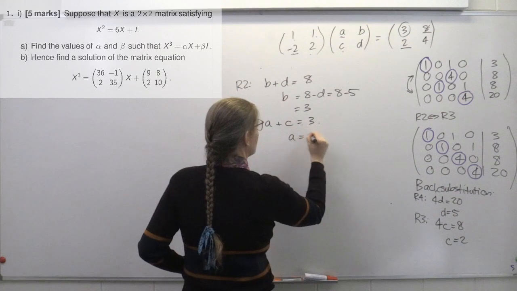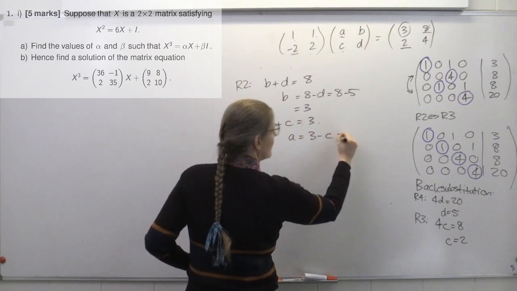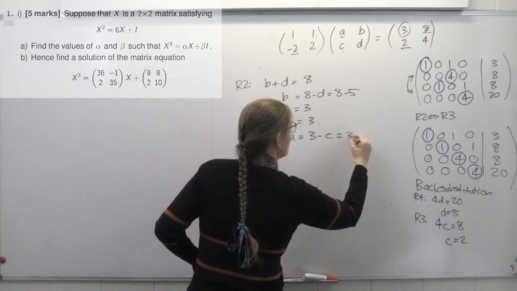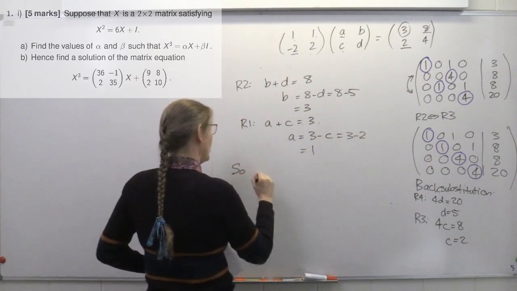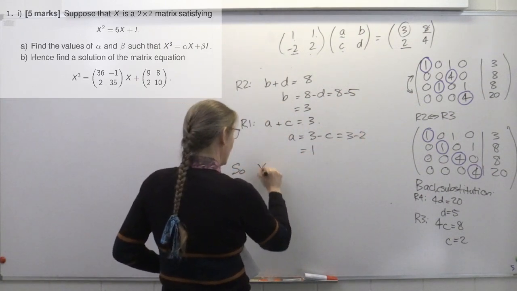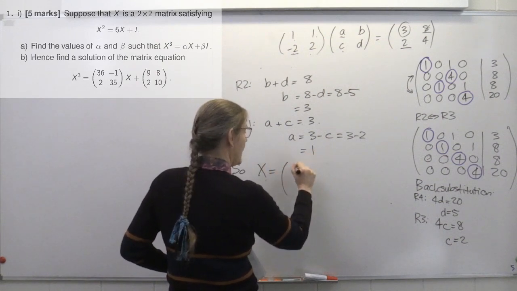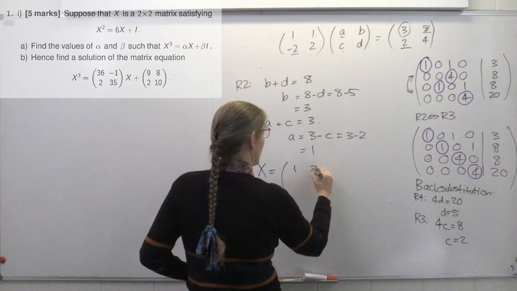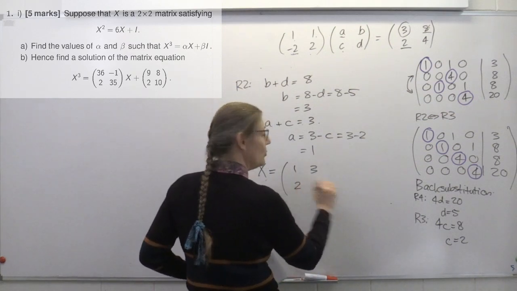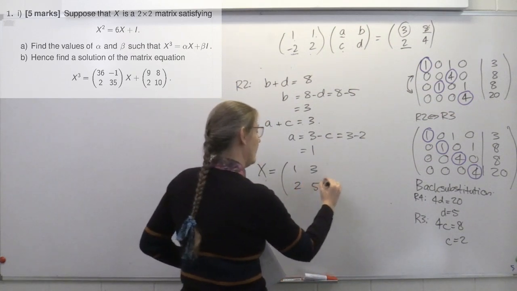So A is 3 minus C, that's 3 minus 2, that's 1. So here our X is A, 1, B, 3, C, 2, and D, 5.